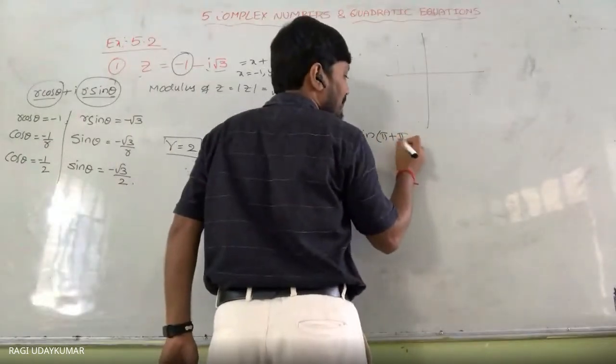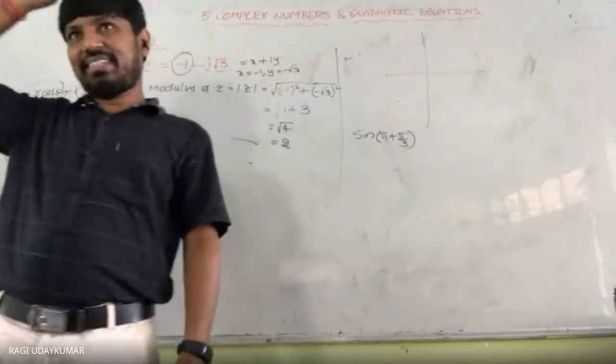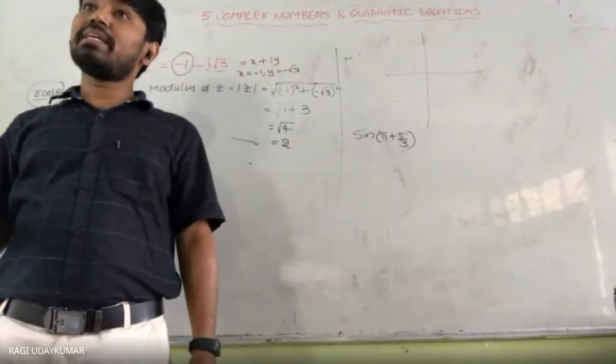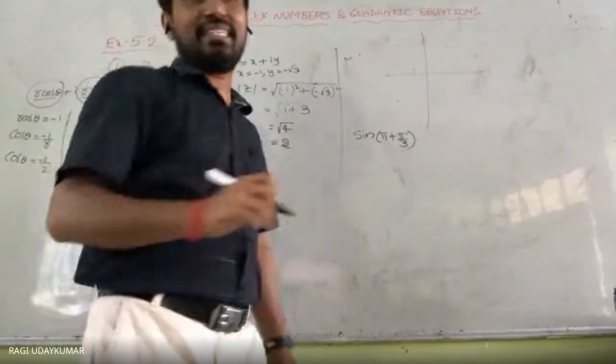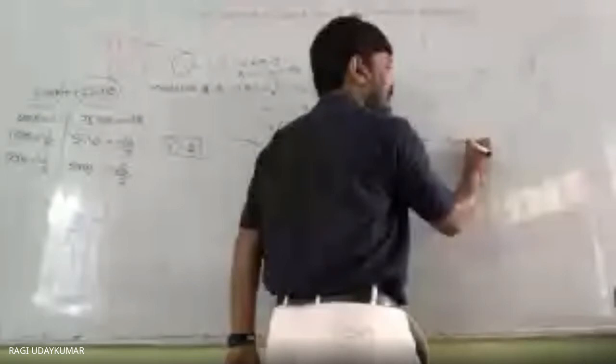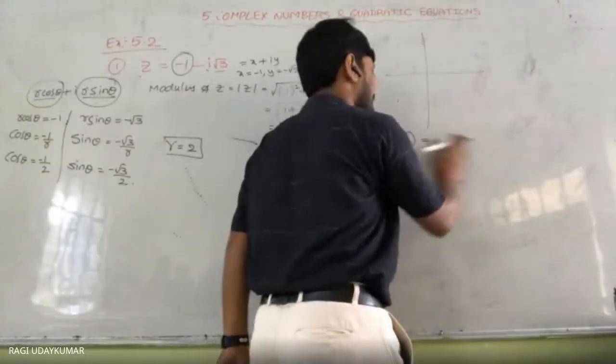So what do you do here? If you take sin(π + π/3), what do you get? Sin(π + π/3) is minus sin π/3, that means sin(180 + 60 degrees). To say it easily, 180 plus 60 degrees.